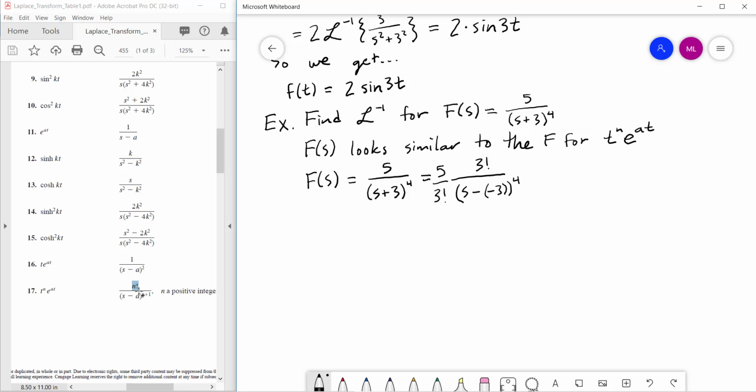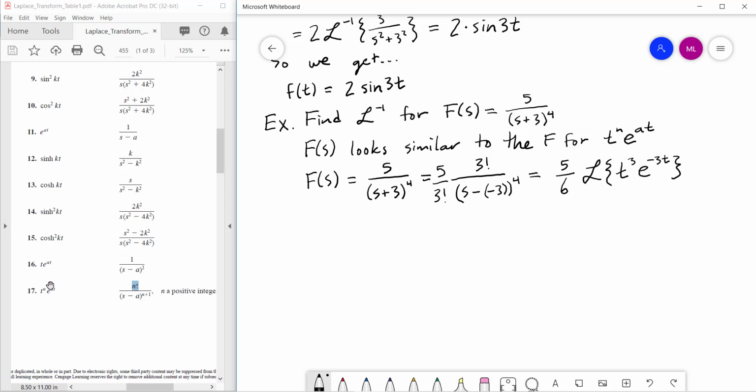So in this case, one way to write this is, we have 5 over 3 factorial, that's 6, so 5/6, times, this would be the result of taking the Laplace transform of t cubed e to the negative 3t.